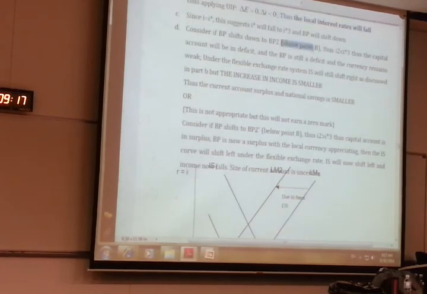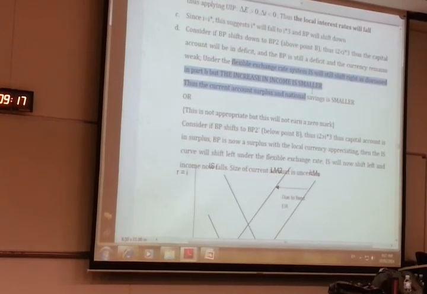Okay, if it is above point B, you compare the outcome and you analyze the fixed and flexible exchange rate again. Right, and then answer must use the word bigger or smaller, which is very difficult. If your diagram is not clear, right, you actually go into the wrong direction.